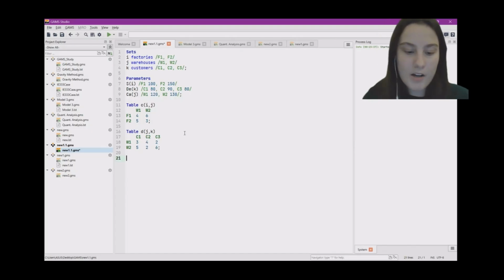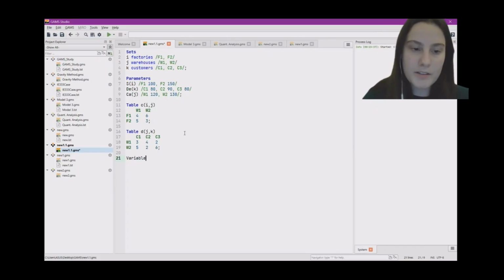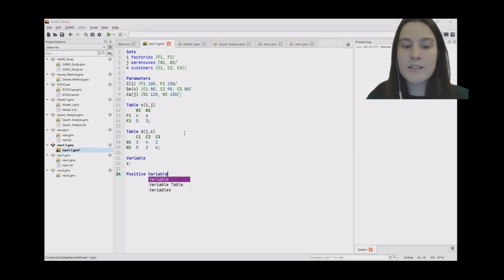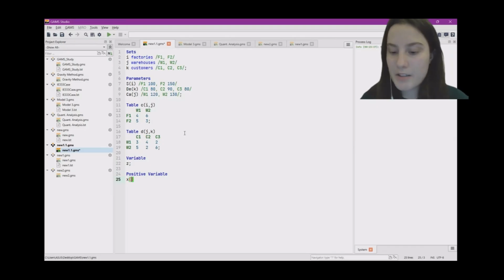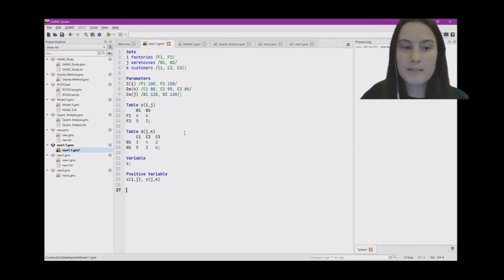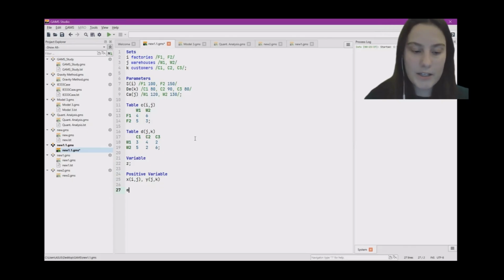Okay, then we have our variable. Variable here is only z. And then we have positive variables. When we write it this way, this is the non-negativity constraint that we have when we are doing it manually, so we don't have to write a non-negativity constraint. Then we get our equations title also.